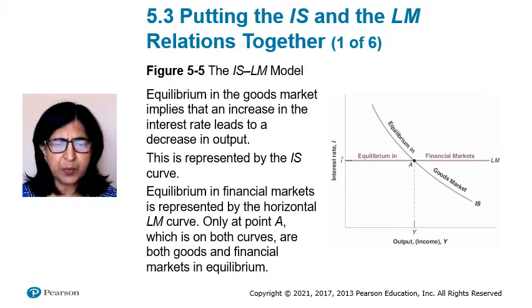At any other point, either the goods market or the financial market or both would be out of equilibrium. Together, IS and LM determine output and interest rate at which both markets are in equilibrium at point A, where the two curves intersect.